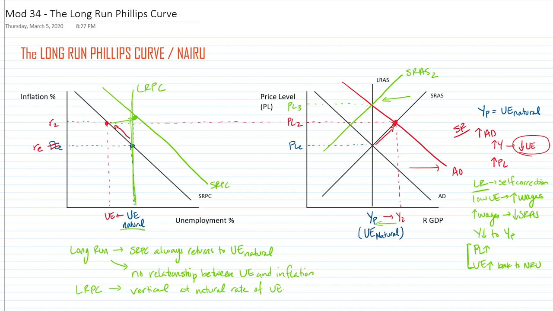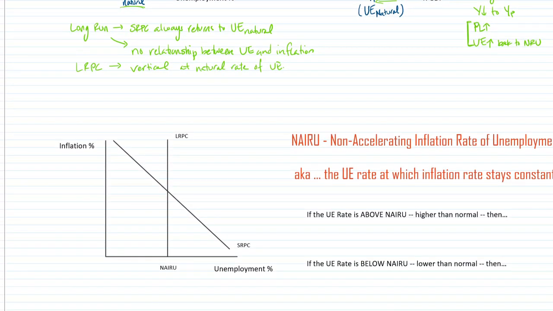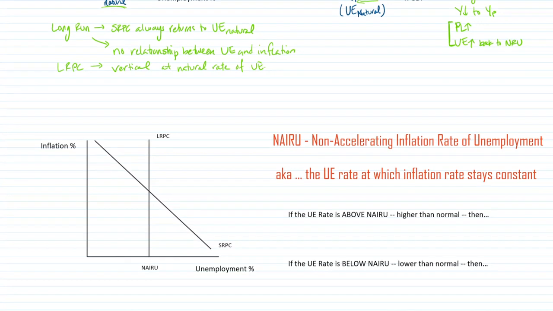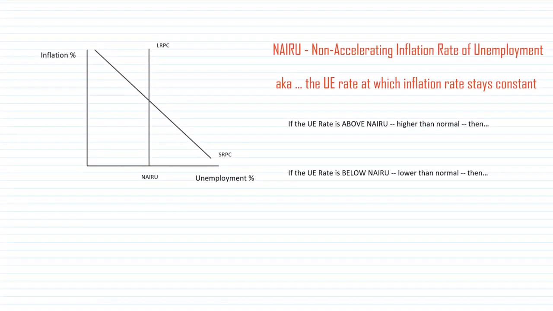And so that's kind of our beginning of what the LRPC is. This has a special name. In terms of the LRPC, we don't call this rate of unemployment the natural rate of unemployment. Instead, economists call it the non-accelerating inflation rate of unemployment, or NAIRU.